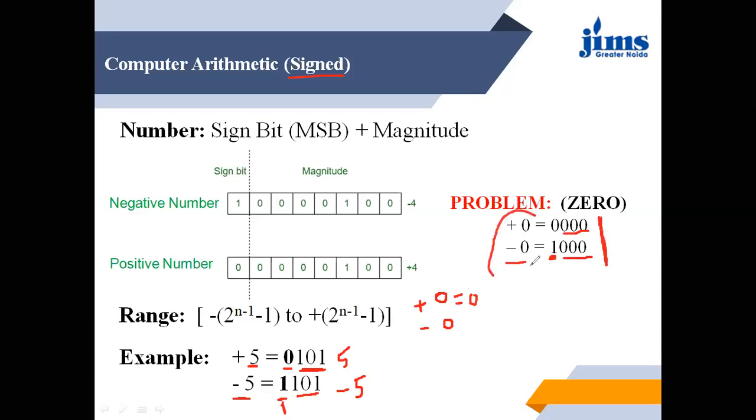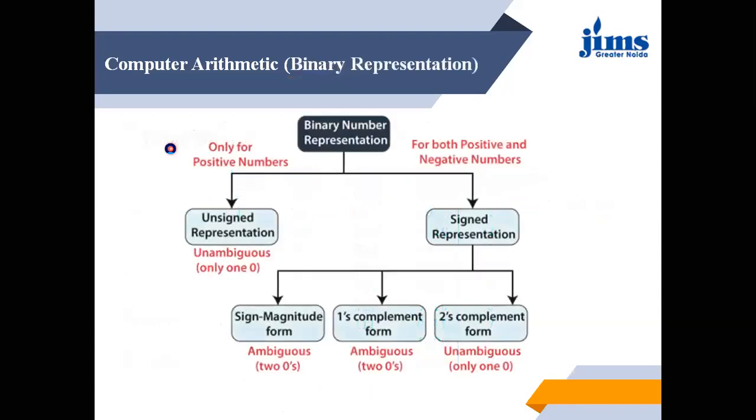Plus 0 has one representation and minus 0 has a different representation. But we have only one number, so it should have one representation. As I was telling you earlier, we will discuss the ambiguity later on.